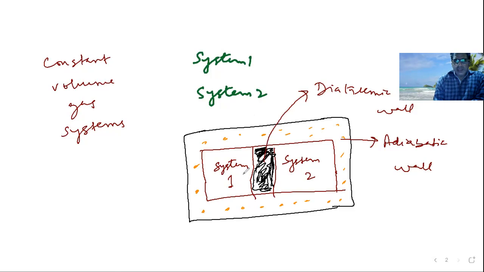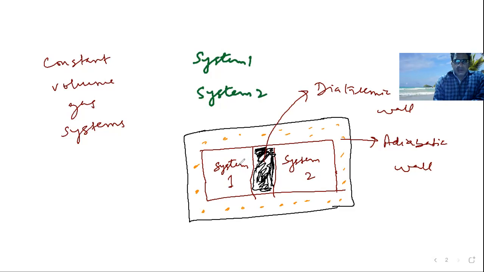That means as I bring them in thermal contact, macroscopic variable means here pressure. The pressures of both the systems will change in general until they come in thermal equilibrium with each other.